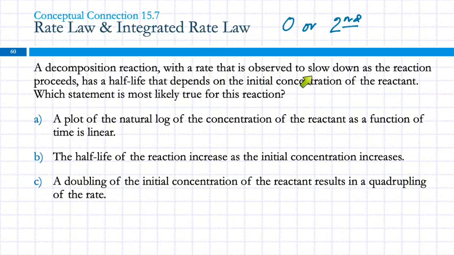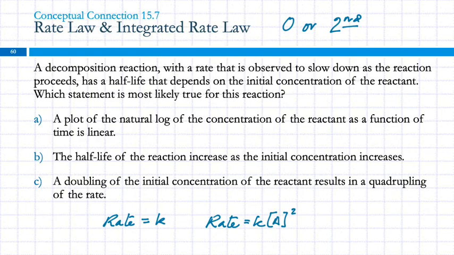The rate slows down as the reaction proceeds. Zero order? Well, let's think about this. Let's just look at the rate law. For a zero order, rate is equal to the rate constant. For a second order, rate is equal to the rate constant times the square of the concentration.